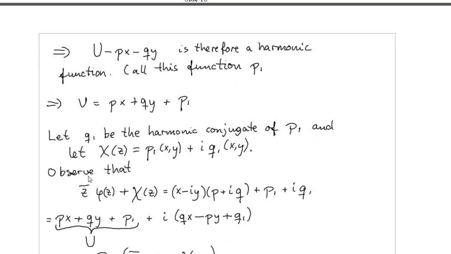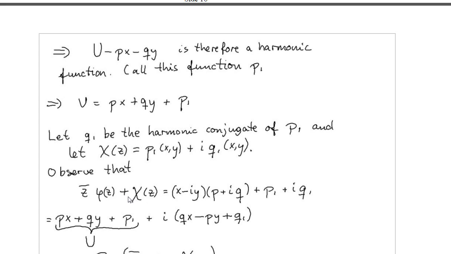And we observe the following. We observe that if we multiply the conjugate of z by phi plus this function, we obtain the following. We know that z is just x plus iy, and the conjugate of this is this expression.